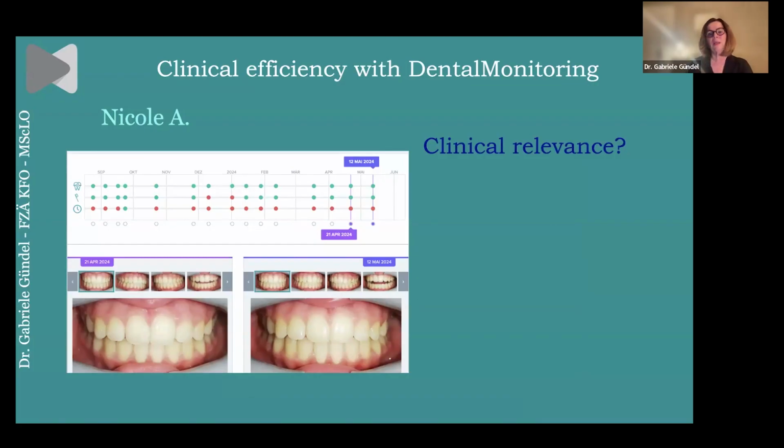So my clinical relevance of this is, I can ask my patient, "Please, could you scan monthly?" The patients get a little bit tired sometimes, I know. They are finished with their treatments, and I also would like to finish with everything concerning orthodontic treatment.